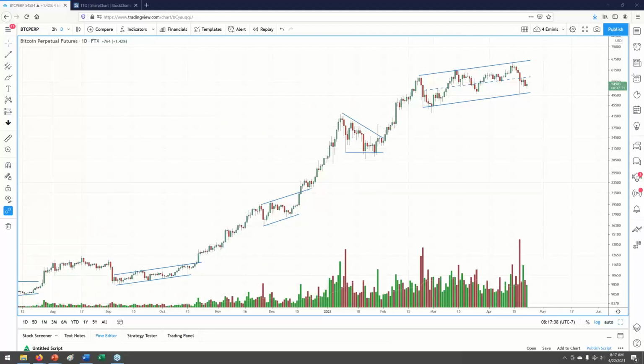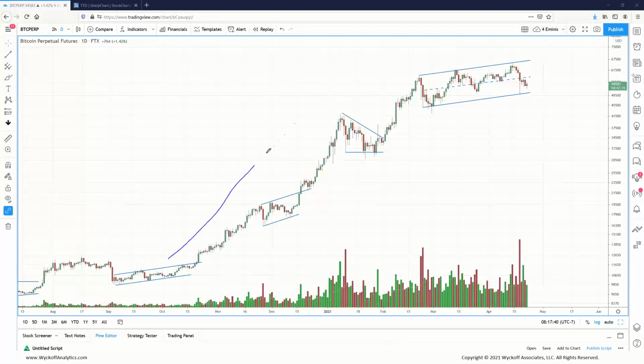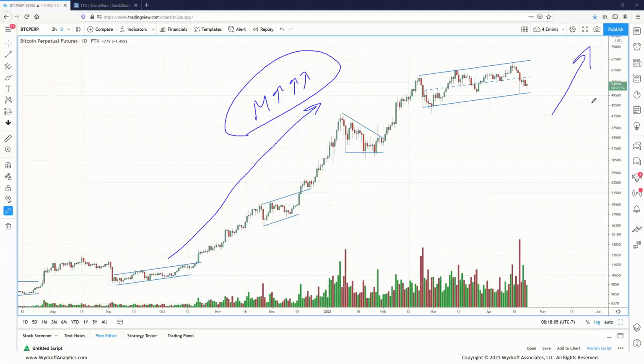The reason why is because this is a pretty strong momentum move up. I mean, where else have you seen something like this? My mind is just going crazy when I look at cryptos and specifically Bitcoin, because of such a high momentum signature, there are always going to be attempts at continuation to the upside.